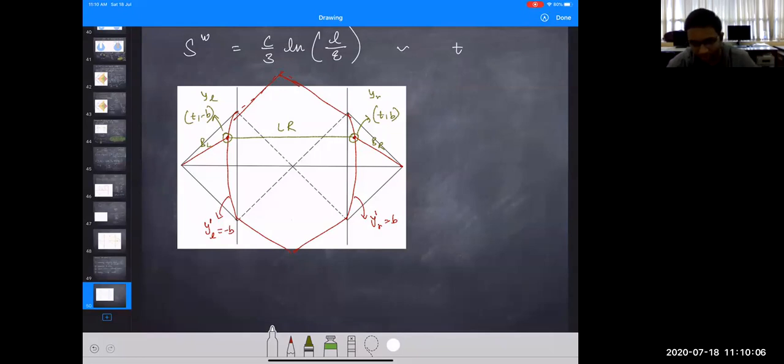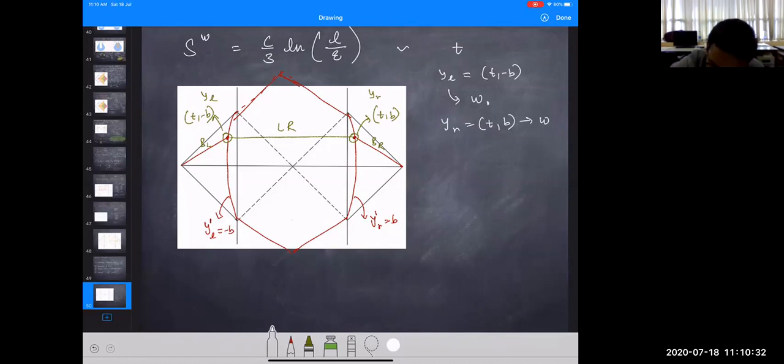But what you have to do is transform YL equals t comma minus b to w, and find what this point is in the w coordinates, and also find what yr equals t comma b means in the w coordinates. Let's call these points w1 and w2, and then find the length, the length of w1 minus w2.